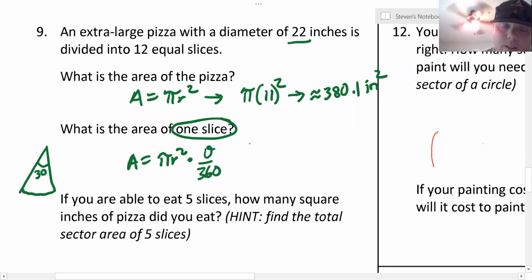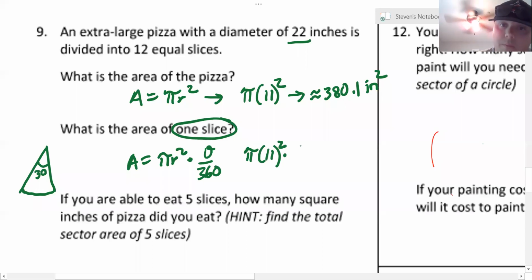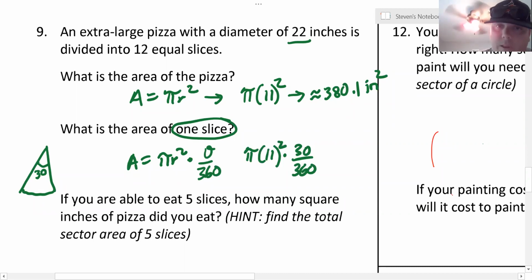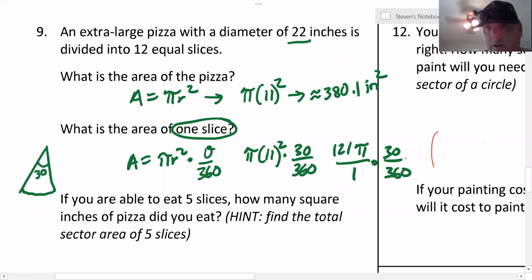The radius is 11, so pi times 11 squared times 30 over 360. We already know 11 squared is 121, so 121 pi over 1 times 30 over 360. Now you just let the calculator do the rest of the work: 121 times pi times 30 divided by 360. Then estimate it to the nearest decimal spot.